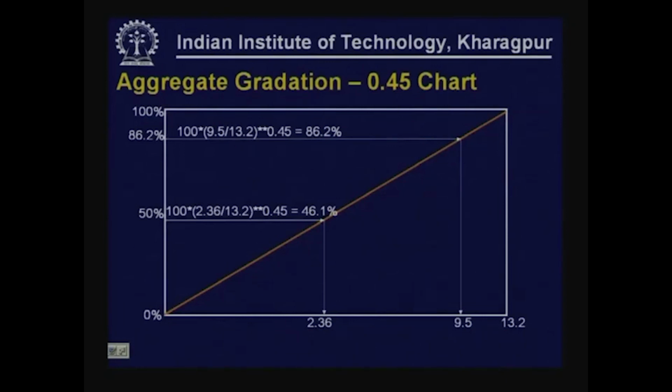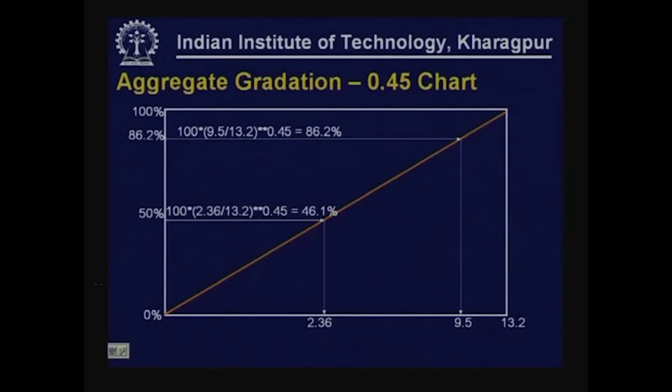For representing different gradations and comparing them to the densest gradation, which in this case is the 0.45 gradation, a very convenient method of presenting all these gradations is the 0.45 chart.